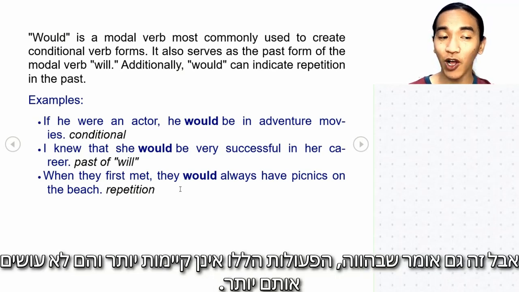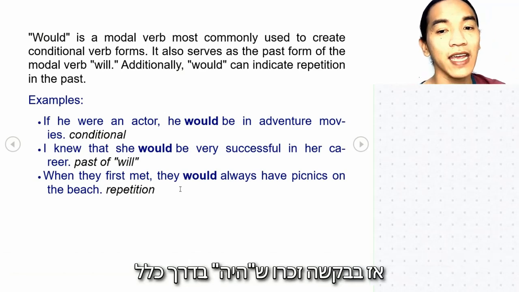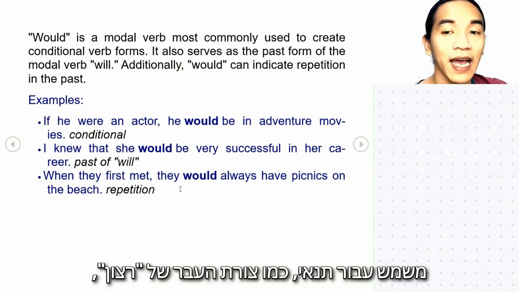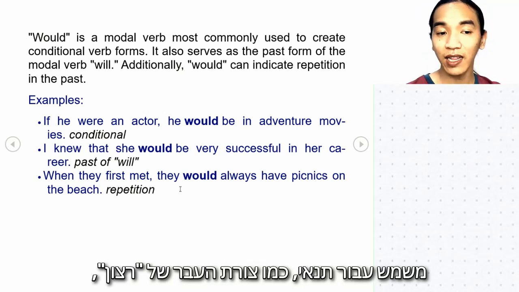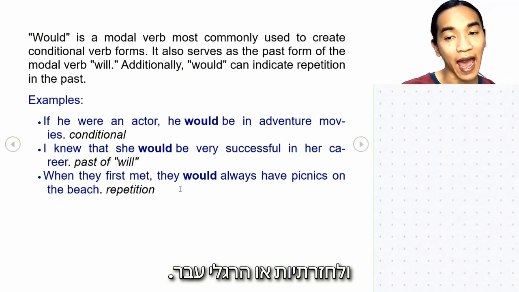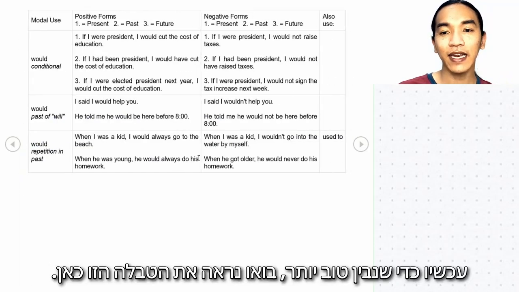But it also means that in the present time, this action is not existing anymore and they don't do it anymore. So please remember that would is usually used for conditional, as the past of will, and for repetition or past habits.